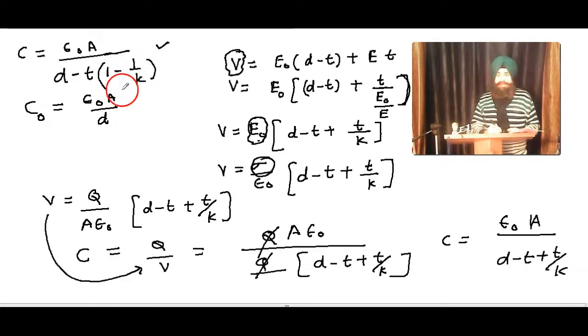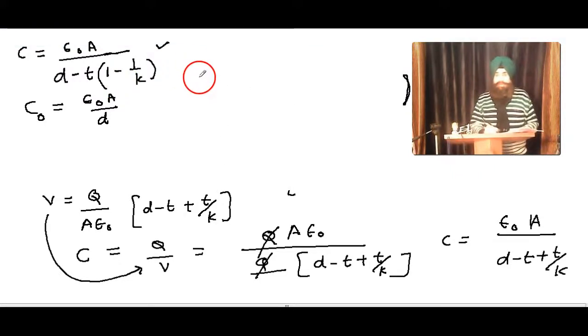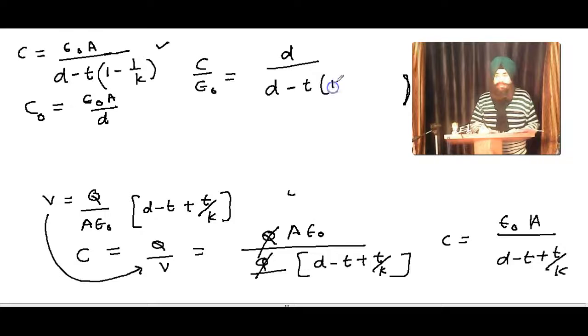So comparing the two, epsilon naught A goes, and C upon C naught becomes d upon d minus t into 1 minus 1 upon K.